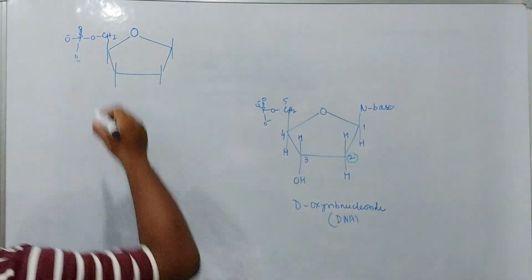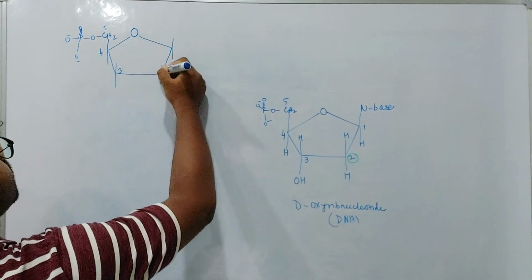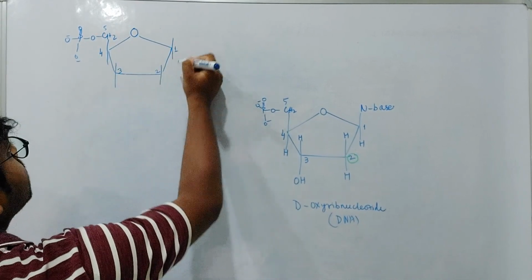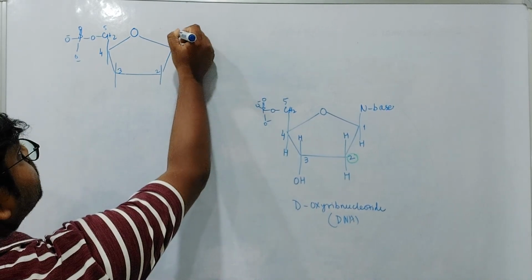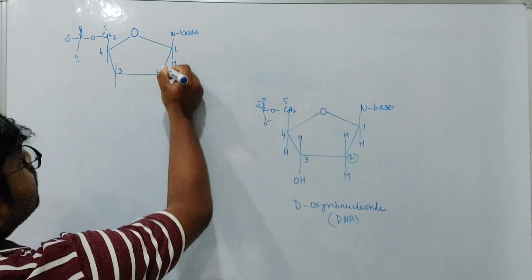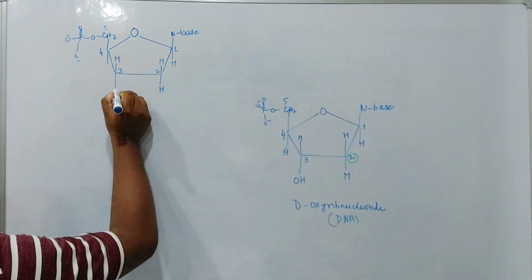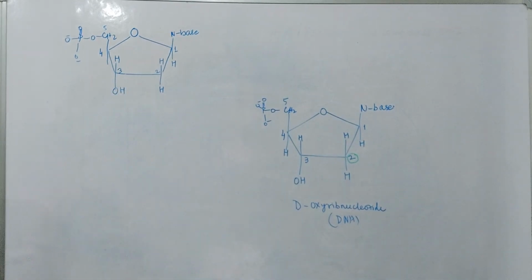Now, this is the 5th carbon, this is the 4th carbon, this is the 3rd one, this is the 2nd one, and this is the 1st one. So here it is a nitrogen base. It doesn't matter which one is there as of now. And there is a hydrogen and there is an OH. Now what will happen?